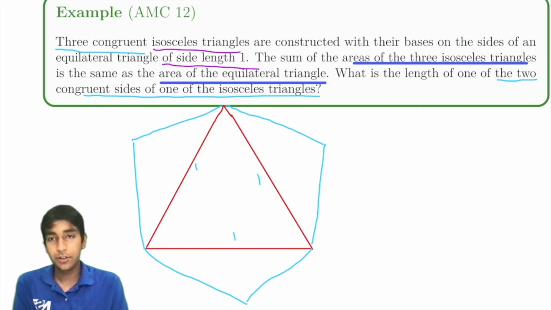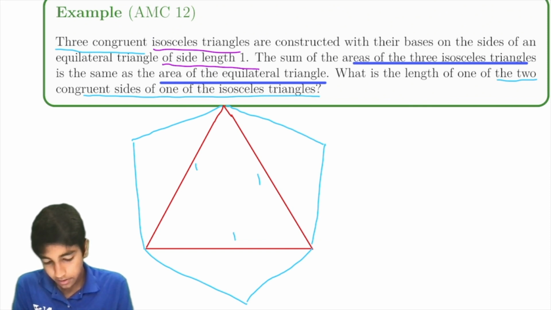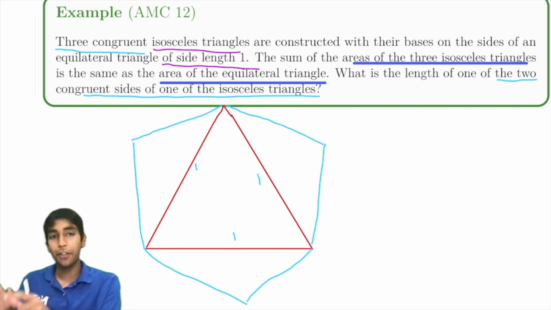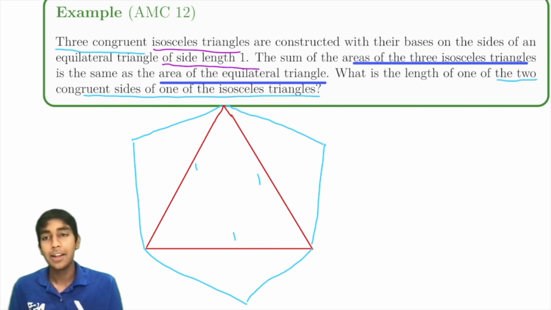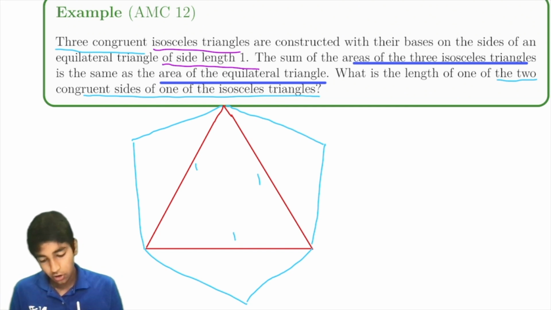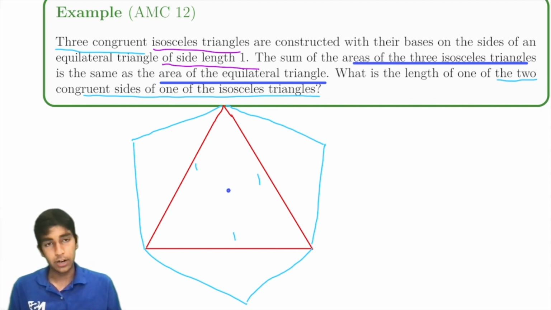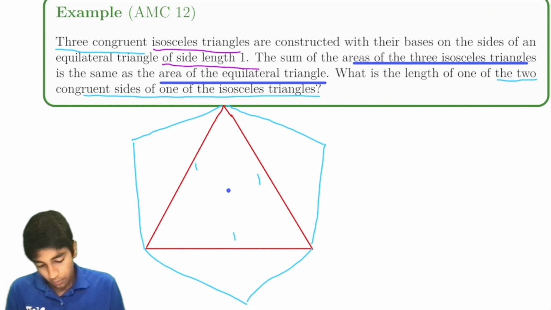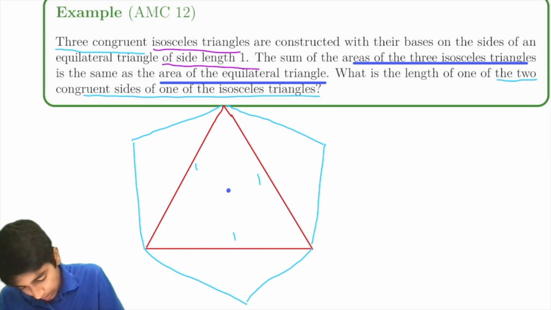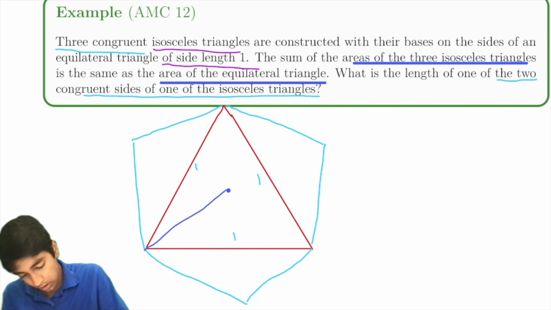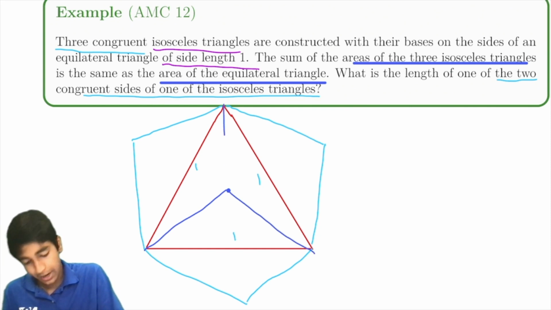So what we should do is see that because the sum of those 3 isosceles triangles is the equilateral triangle, well, a cool trick you can see is that let's draw the center of the equilateral triangle. Well, the key thing here is that we can divide this equilateral triangle into 3 triangles.